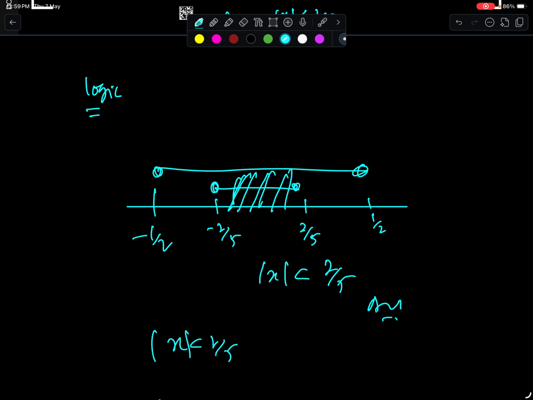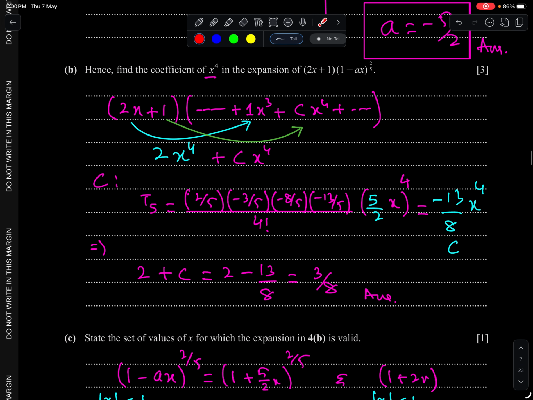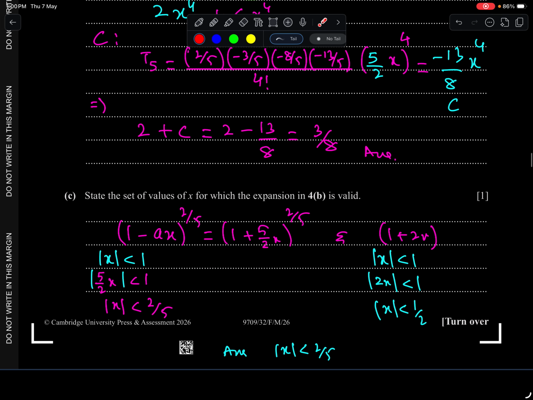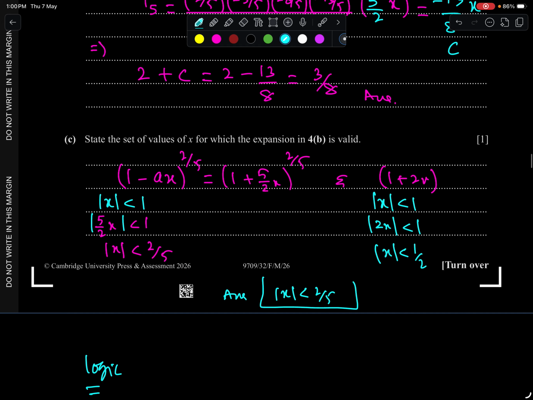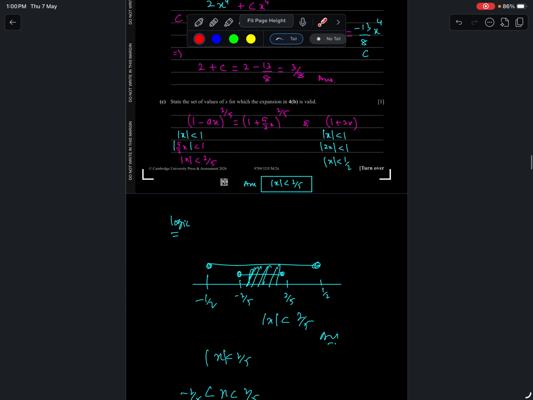This is just for your conceptual clarity. So whenever we have product, get the values of modulus x from both the expansions like this, and take the smaller one from the both. That's the final answer. Please see the solution.